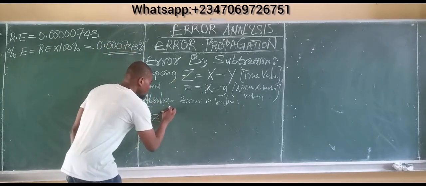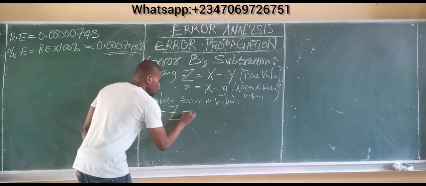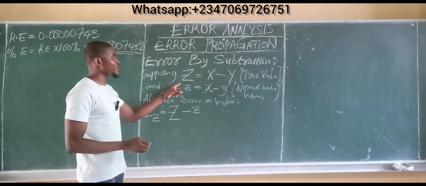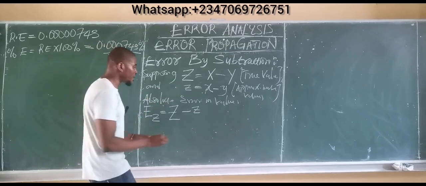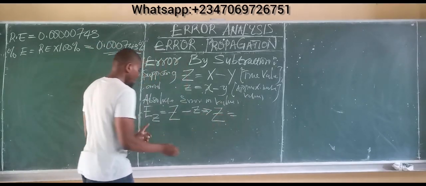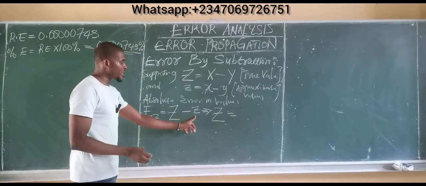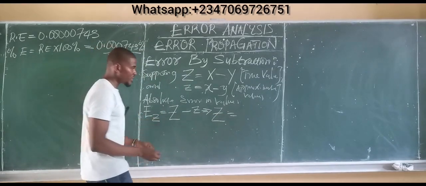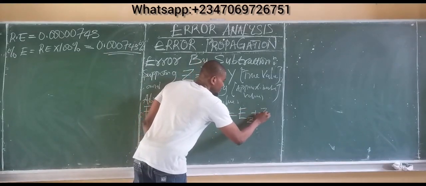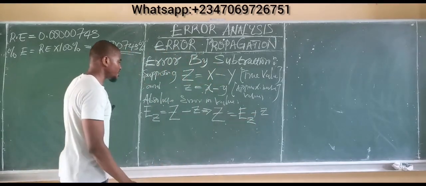So I have the true value, which is capital Z, minus the approximate value, which is small z. So which means I can make my capital Z, which is the true value, subject of the formula. This simply implies that my true value is going to be error in Z, if I move negative z over here it becomes positive, error in Z plus the approximate value of Z.